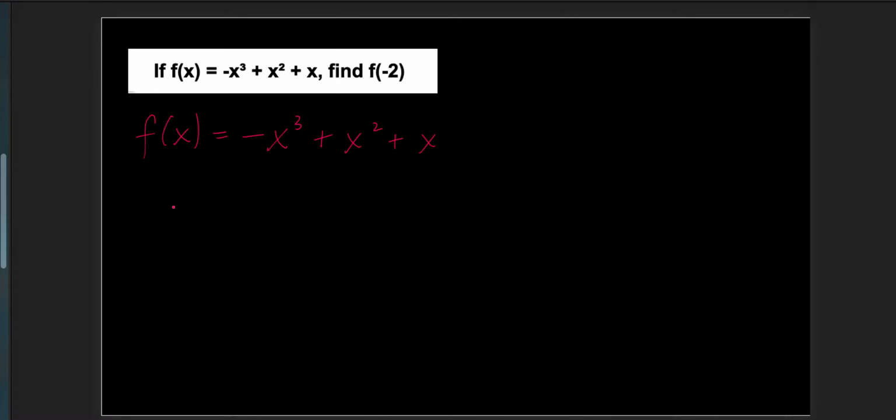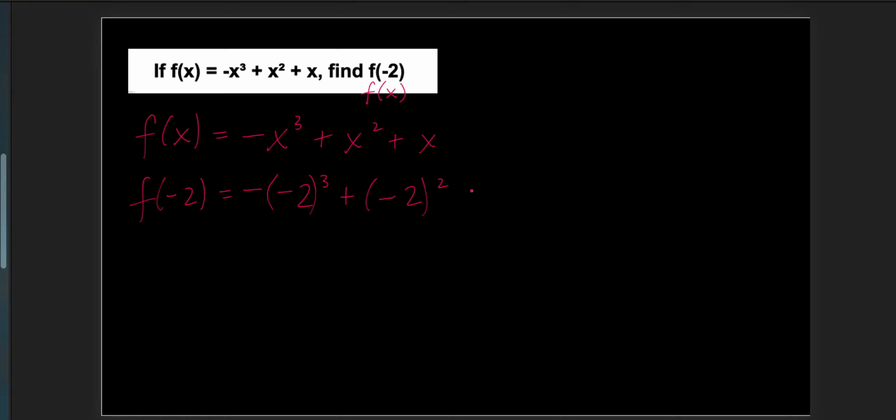And we want to find f of negative 2, and in that f of x notation, that negative 2 is in the x spot. So that means we're going to plug in negative 2 everywhere we see an x into this equation. But we have to make sure that we write down every symbol and every other number that comes with that.